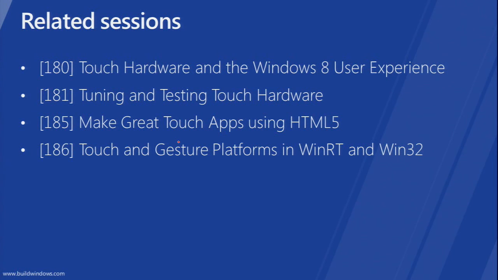The tuning and testing talk is going to detail all the information about how we're going to certify hardware for Windows 8 and why we're running the test and what kind of tests we're running and what kind of tests we're actually going to hand to IHVs so they can test their devices to see if their device will be certified for Windows 8.